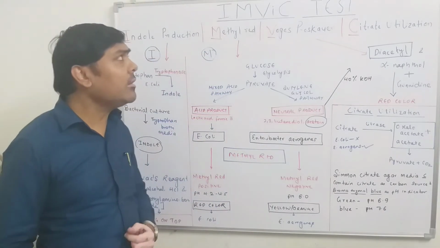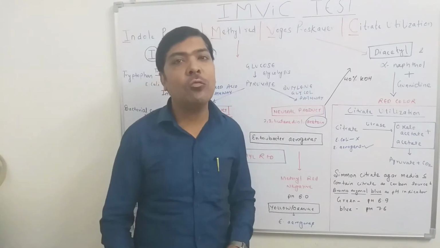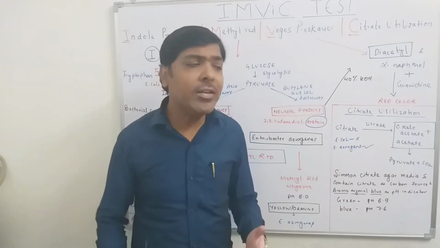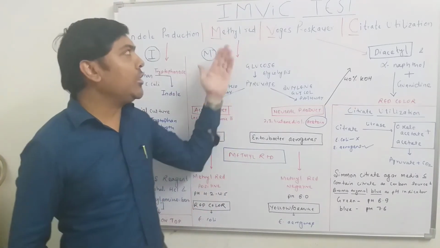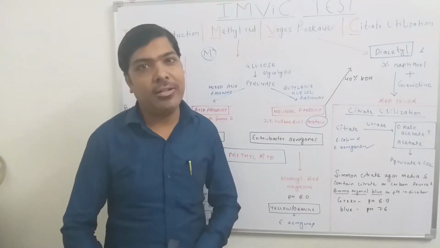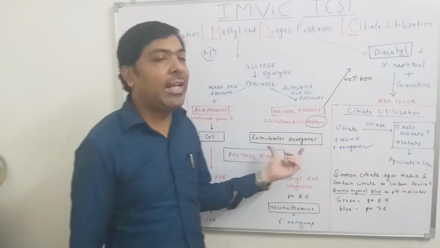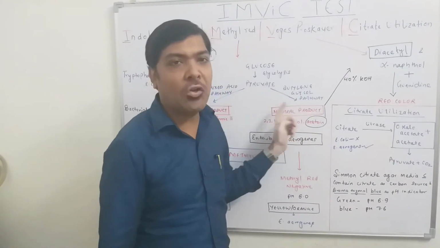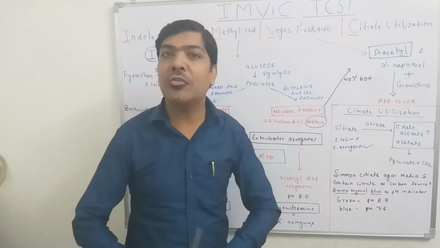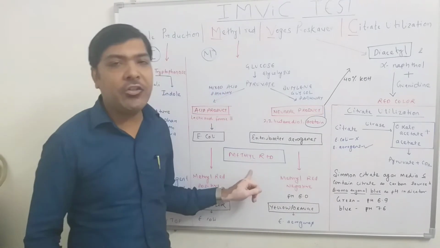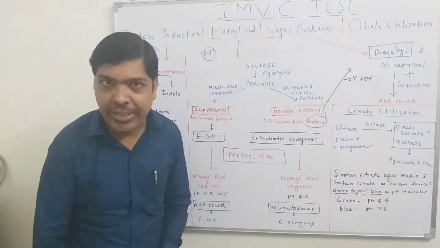Now, the third test of the IMViC test is the Voges-Proskauer test. It is actually the continuation of the methyl red test. What we concluded in the last test is that because of the formation of neutral products, the red color is not generated when we add the methyl red indicator.